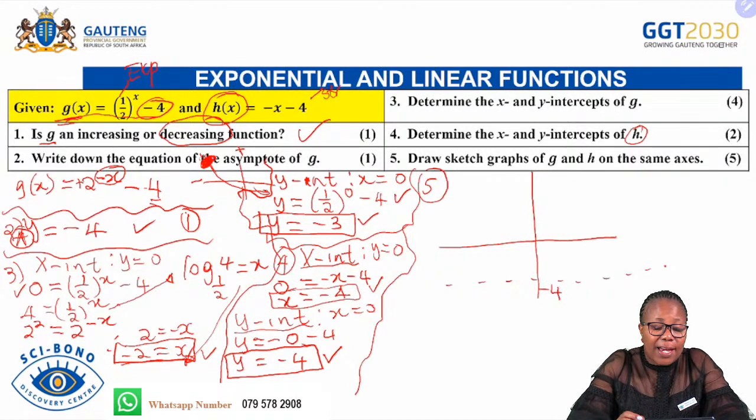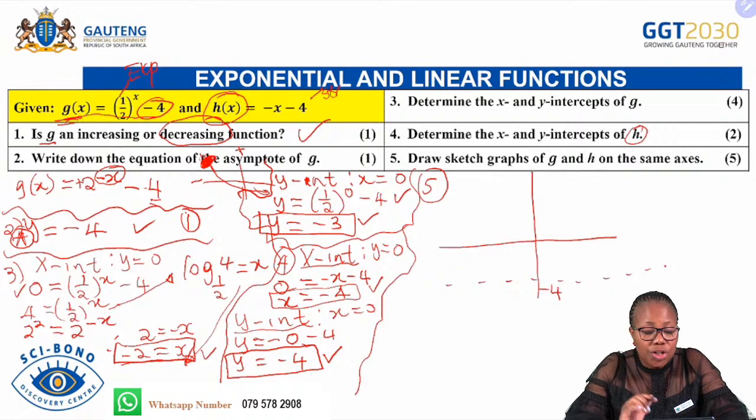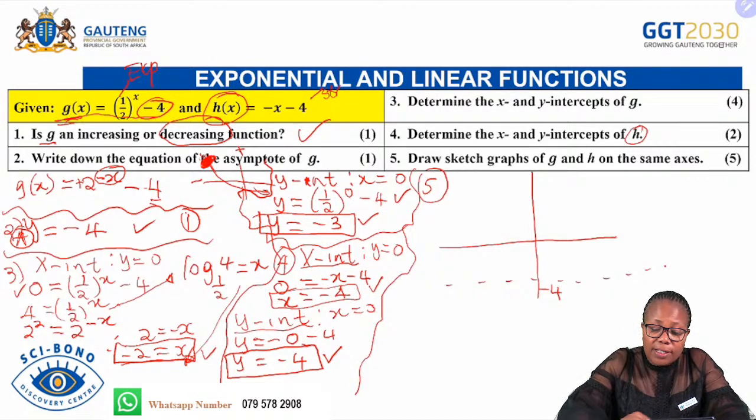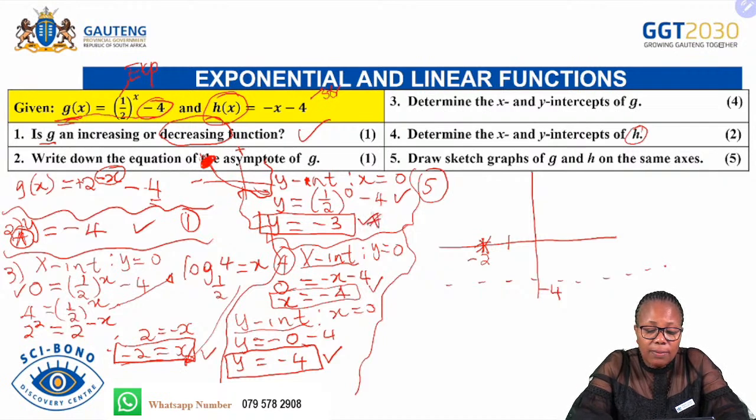And then we have the x-intercept. We are concentrating on g first. G has an x-intercept of minus 2. There you are, that is an intercept. And then we have a y value, which is minus 3. So we go to y, 1, 2, 3, there we have minus 3, that is an intercept.